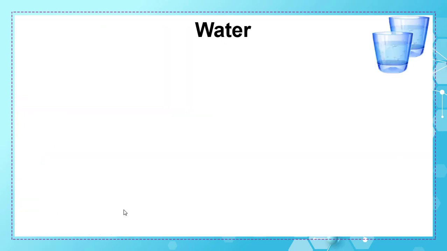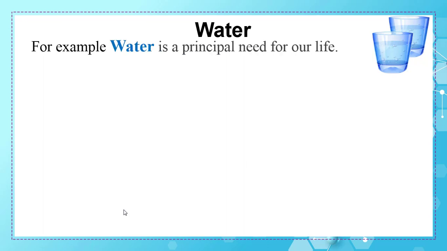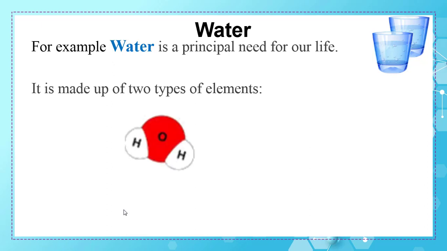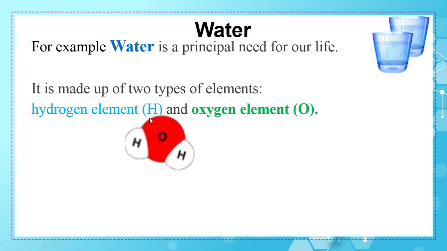Who can answer? Let us take water. Water is a principal need for our life. We cannot survive without water. It is made up of two types of elements. What are they? Hydrogen element, which is symbolized by H, and oxygen element, symbolized by O.